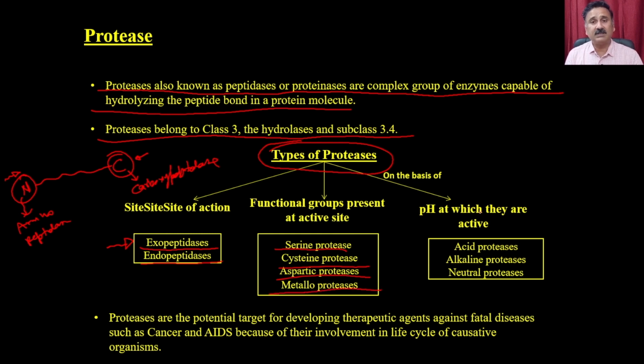Similarly, by the pH at which they are active, they could be acid proteases, alkaline proteases, or neutral proteases. So acidic proteases would be active at pH less than 7, alkaline ones at pH more than 7, and the others work at neutral pH. Proteases are a potential target for developing therapeutic agents against fatal diseases such as cancer and AIDS because of their involvement in the life cycle of the causative organisms.